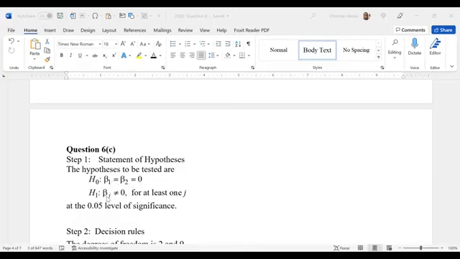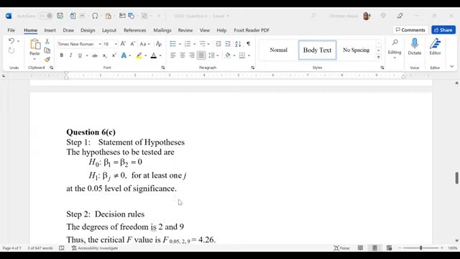And H1 says that at least one of the betas is not equal to 0. Either beta 1 is not equal to 0, or beta 2 is not equal to 0, or both of them are not equal to 0. And we are testing at the 0.05 level of significance. So that is the hypothesis to be tested.